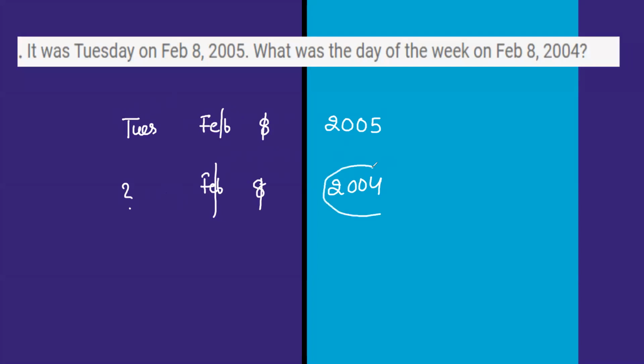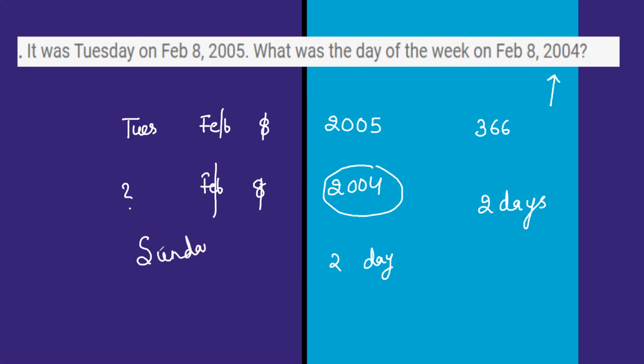Now 2004 is a leap year, which means it will have one extra day. So the total days will be 366. So how many odd days will it be? 2 days. So Tuesday, and now we are working backwards because we are asking about 2004. So 2 days back. Before Tuesday, 2 days back, is Monday and Sunday. So Sunday would be the answer.